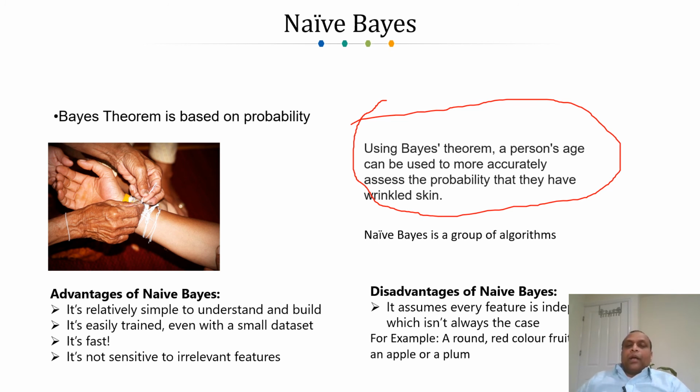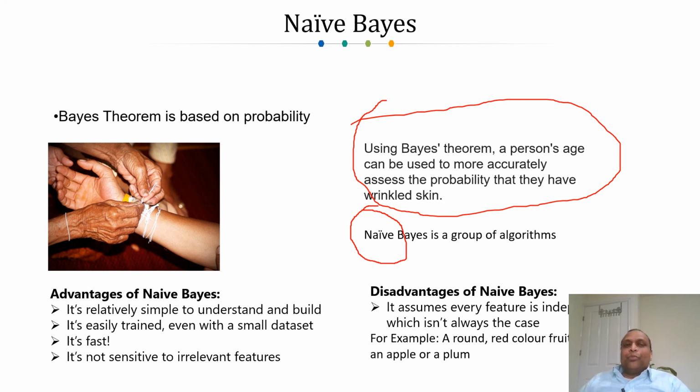Now naive Bayes is a group of algorithms. Why did I say naive Bayes? What is the meaning of naive? Naive is basically an innocent assumption.